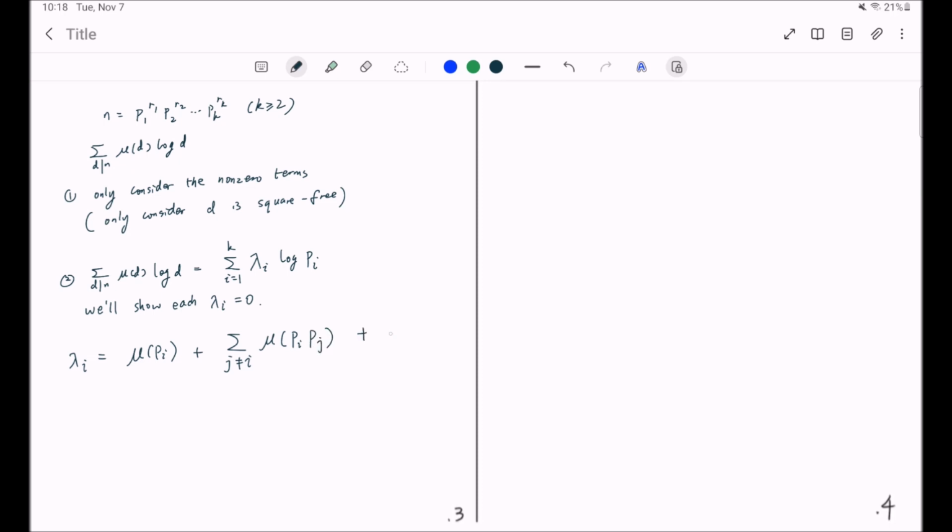And now the general term looks like mu of p sub i, p sub i1 through p sub iL, with i1 through iL all distinct, and they are contained in the set from 1 through k with i omitted.